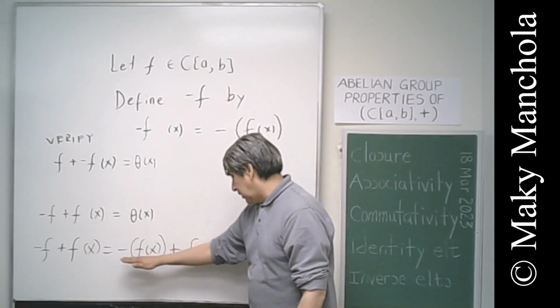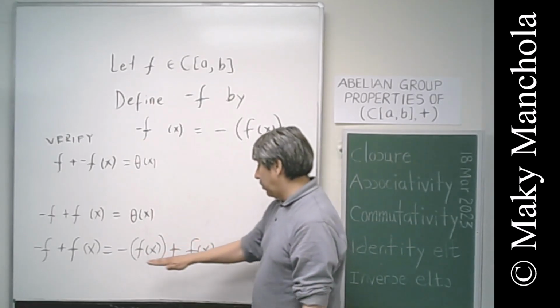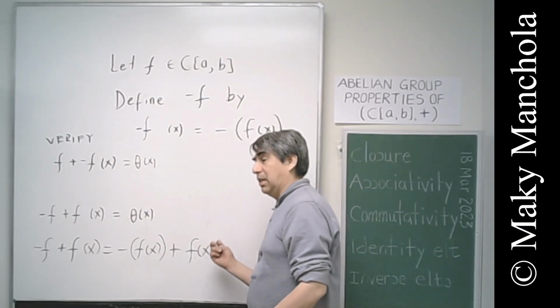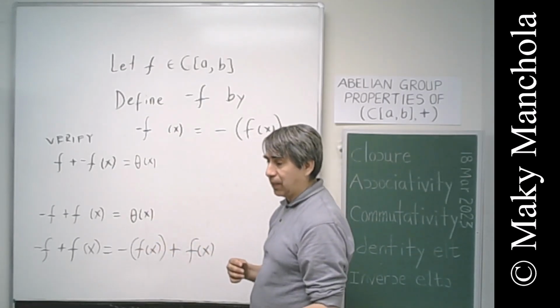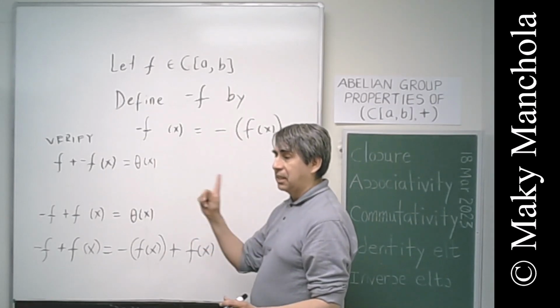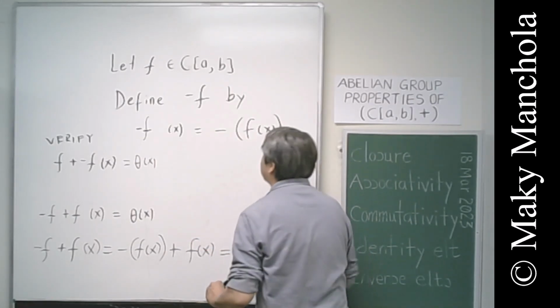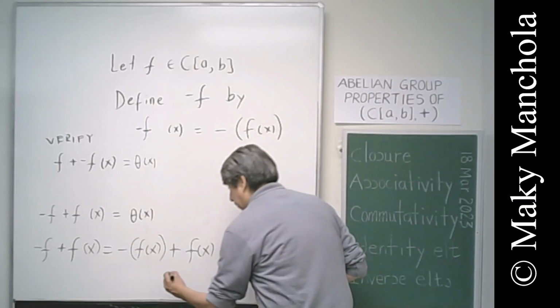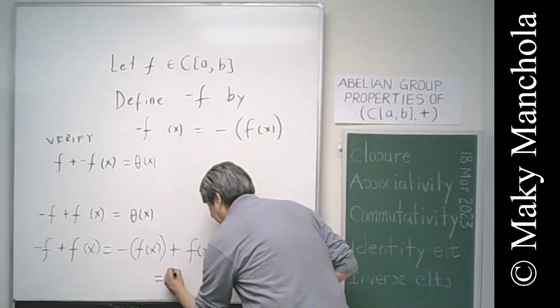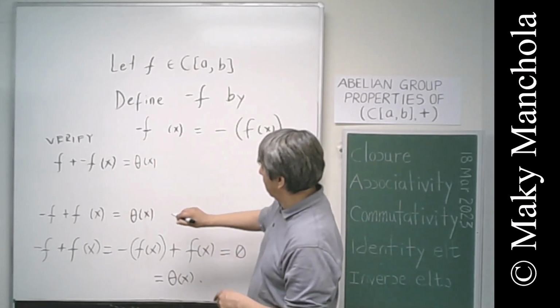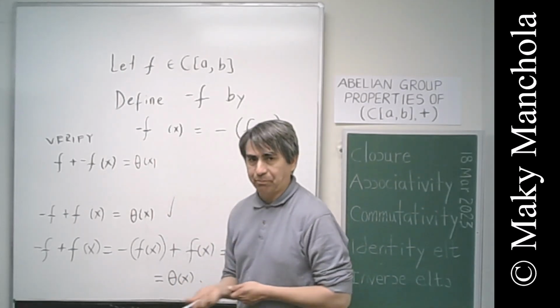Now, f of x is a real number. The negative of that is also a real number. They are opposites of each other. What's the result of adding a number and its opposite? 0. So this is equal to 0, which happens to be our function theta. So we have confirmed our property.